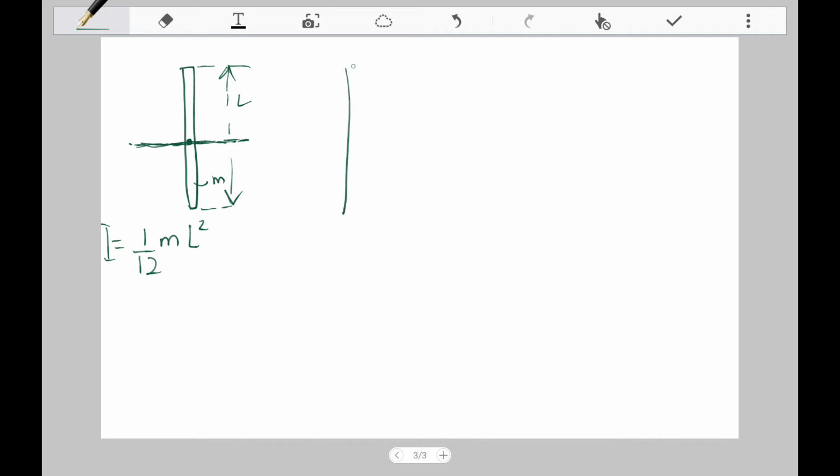However, if you take the moment of inertia about this point, that's going to be 1/3 M L squared. So that's something you have to keep in mind, right?